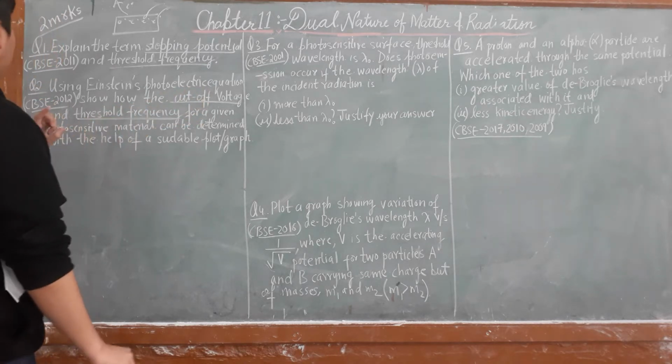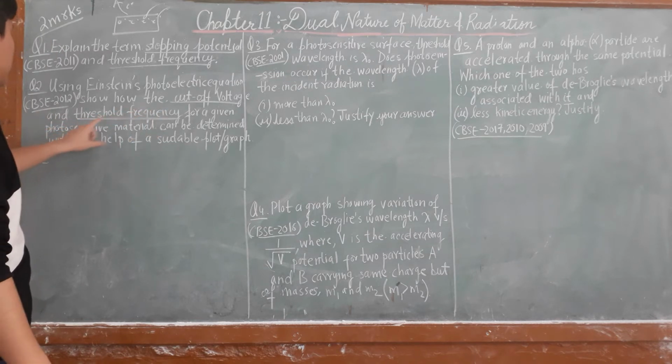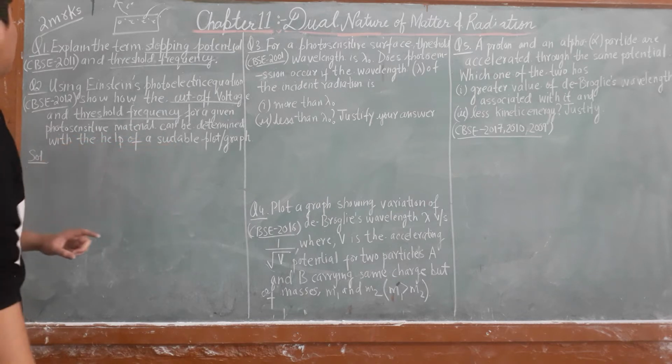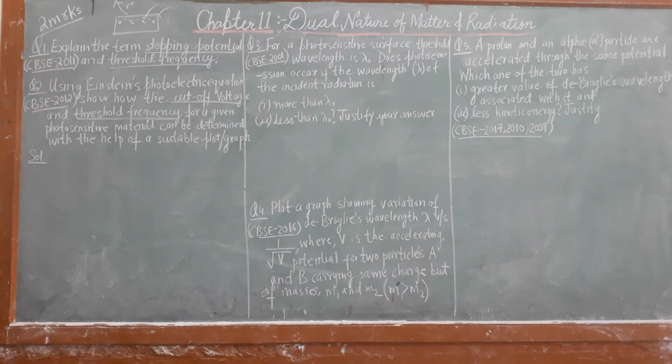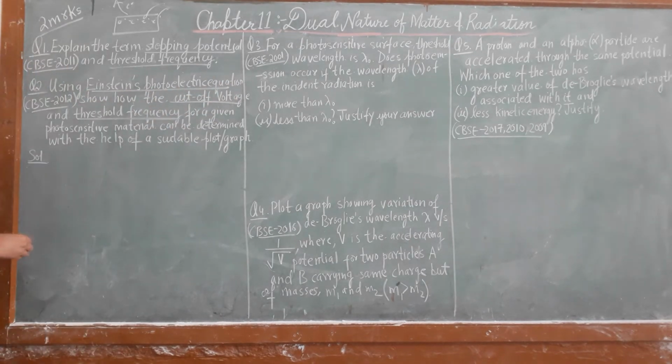Cutoff voltage and threshold frequency for the given photosensitive material are determined with the help of a plot or graph, using Einstein's photoelectric equation.